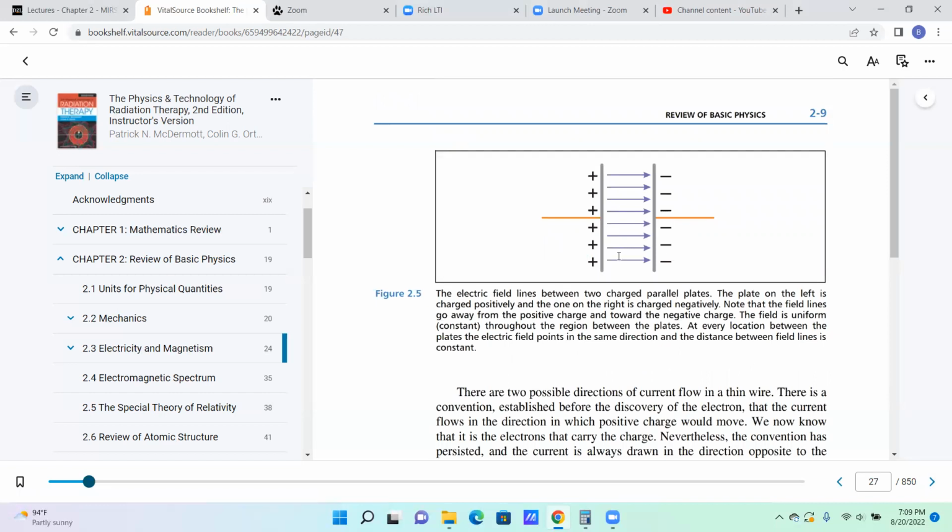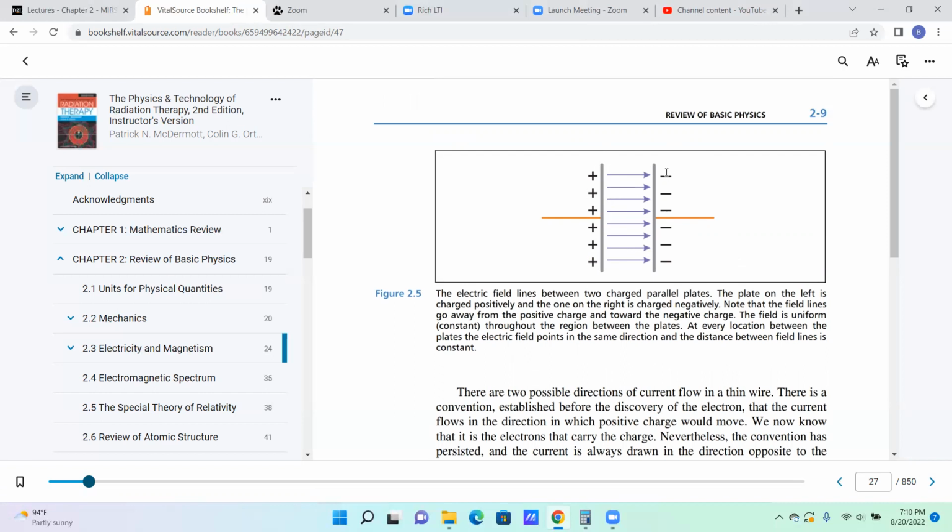Here you can see the electric field lines between two charged parallel plates. A parallel plate is something that you're going to hear used in the clinic in order to measure certain things. The plate on the left here, of course, is positive. The plate over here on the right is negative. The field lines go from positive to negative. And you can see here that it's rather uniform going through.